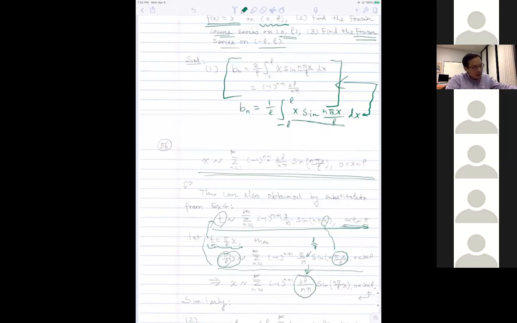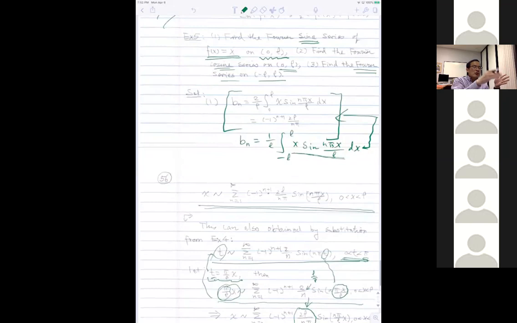Let me summarize. When you're trying to calculate the Fourier series from negative L to L, you can either use this kind of formula and do the computation directly, or you can convert it by a substitution to a problem from negative π to π, and then find the Fourier series via substitution. So this is the method of substitution.